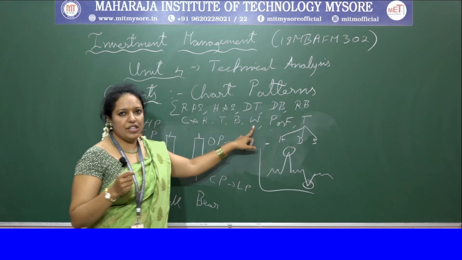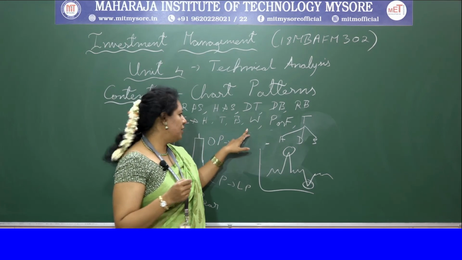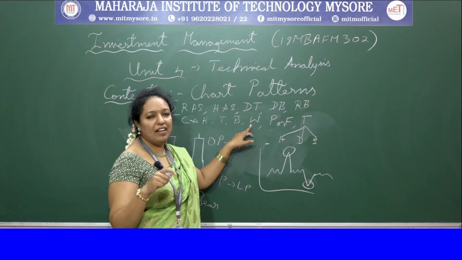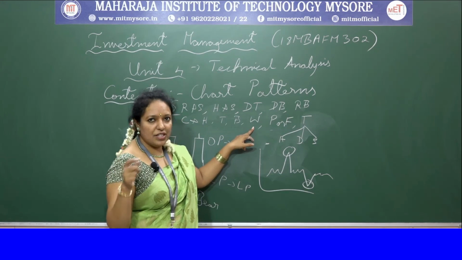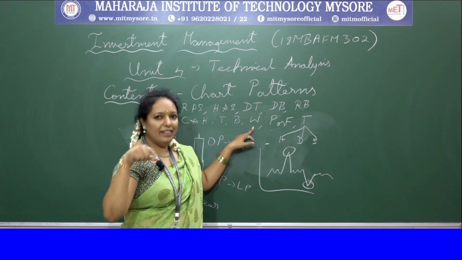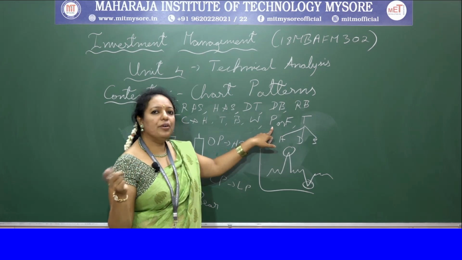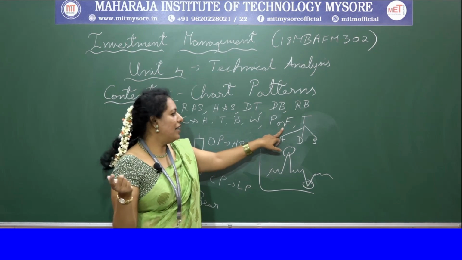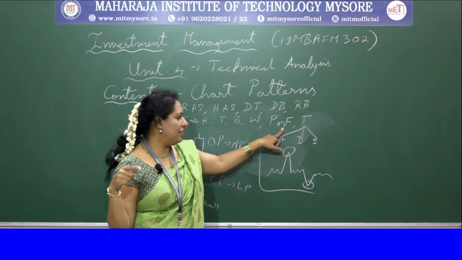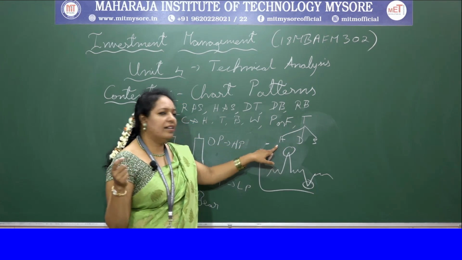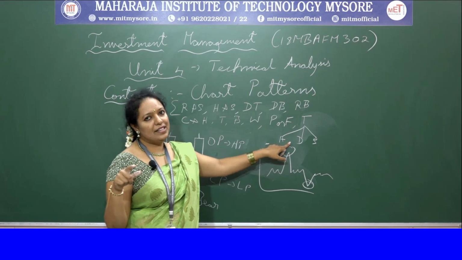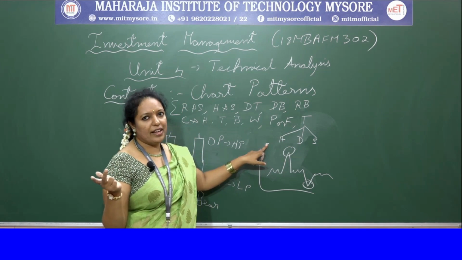Then we have wedges. Wedges are quite similar to the previous one, trending upwards or downwards, a similar parallel line shaped form. Or you have pennants, the flag pattern or pennant pattern. Then you have triangles: ascending triangle, descending triangle and symmetric triangle.